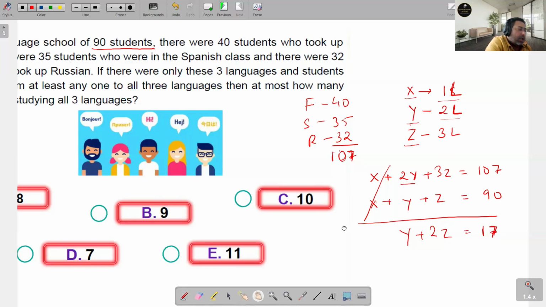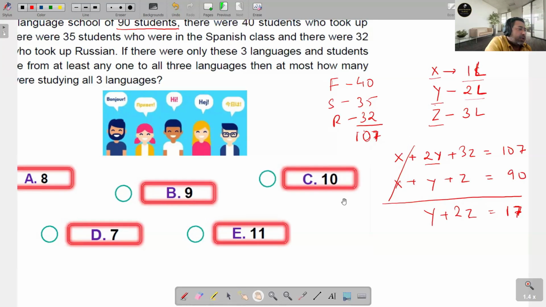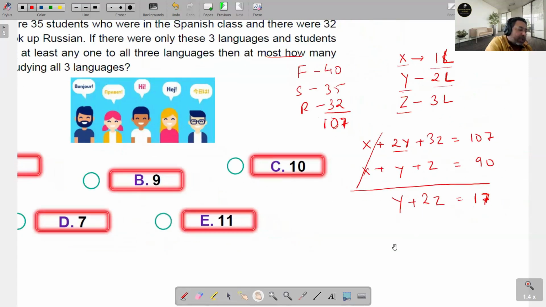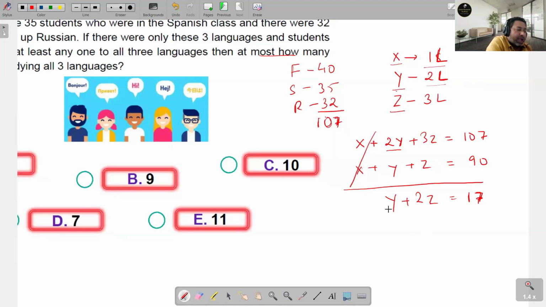All right. Now, your objective is at most, how many students were studying all three languages? So you want to maximize Z, which means Y can be minimized. If you put Y as 0, you will get Z is equal to 17 by 2, which is not an integer value. But these are counts of students, so it has to be an integer value.